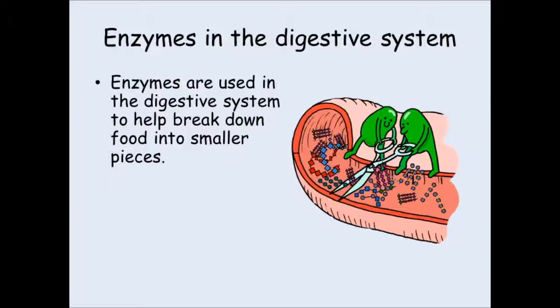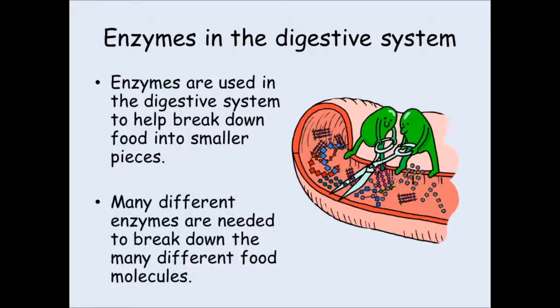When we eat food, the nutrients are in molecules which are far too big. So the digestive system is all about breaking them down into small pieces so they can get into our blood supply, so they can be transported to where they are needed.